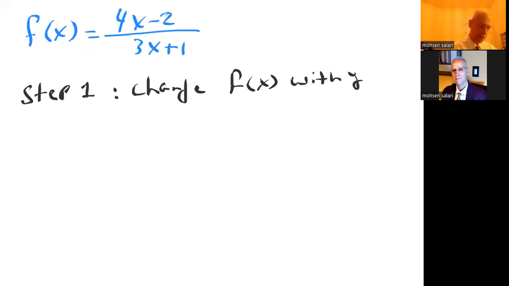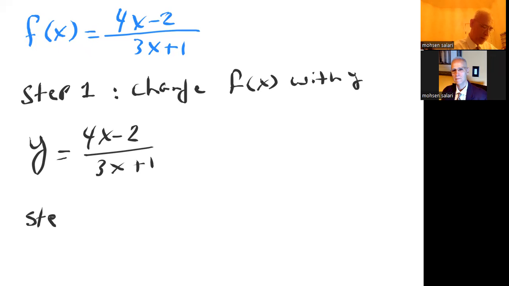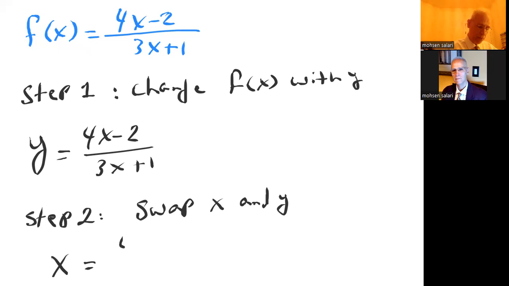So I'm going to write down y equals 4x minus 2 over 3x plus 1. So step two, swap x and y. So now I'm going to have x equals 4y minus 2 all over 3y plus 1.